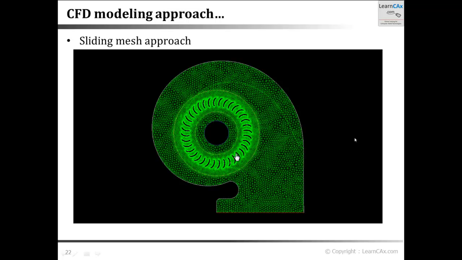The rotation of the blades can actually be seen, whereas in the MRF approach, the rotational effect is only incorporated by using a moving reference frame. There is no physical rotation of the mesh or the blades. This animation is just to let you know how the mesh motion or the blade motion happens within the sliding mesh approach.